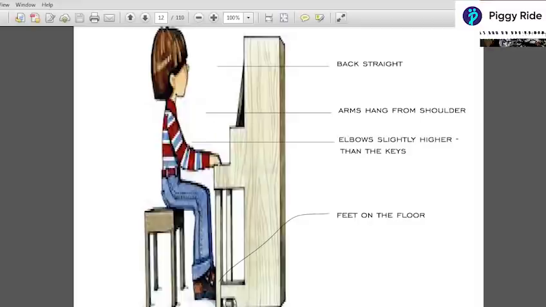For shoulders, arms and hands, your elbows should be slightly higher than the keys. This is very important. Elbows should be higher than the keys, not lower. If you keep them low, you will face a problem because you can't handle it for a long time.